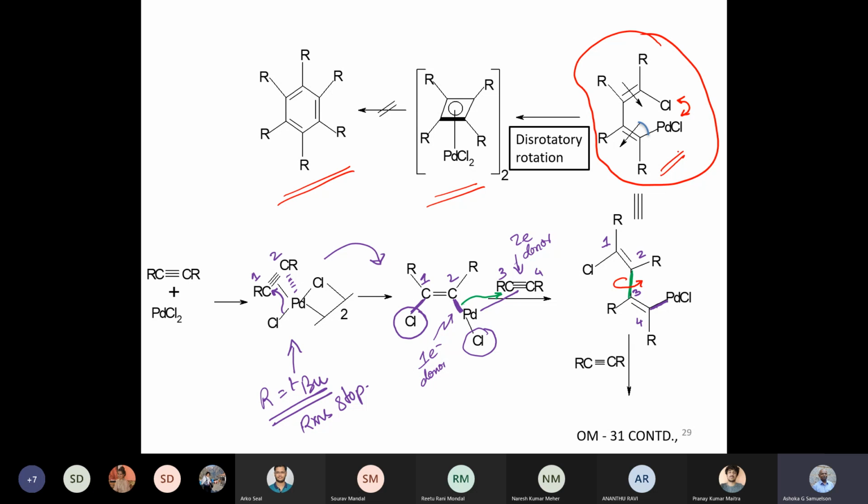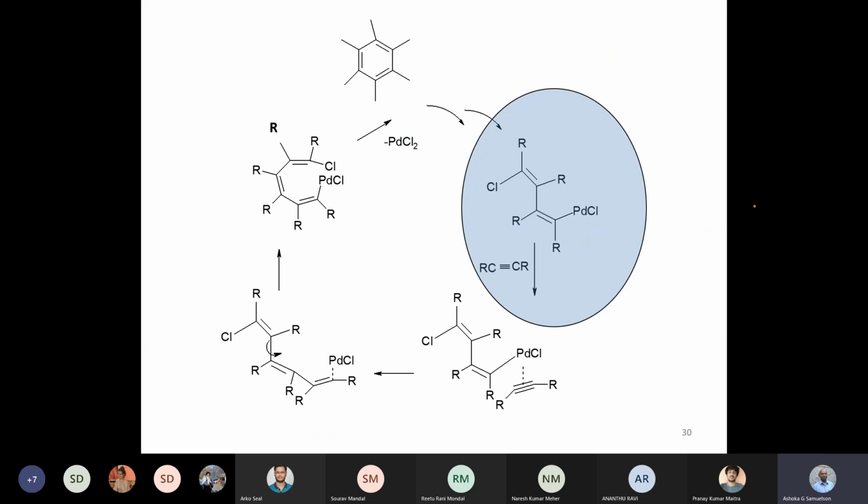But this is also a vinyl complex. And you remember, a vinyl complex could always coordinate with another alkyne. And if the size is small, then coordination of one more alkyne seems to be facile. So that is what happens when I have small R groups: I can have coordination of the third alkyne.